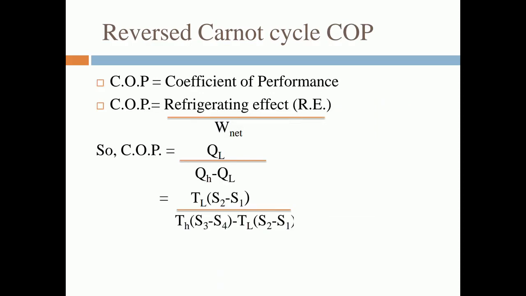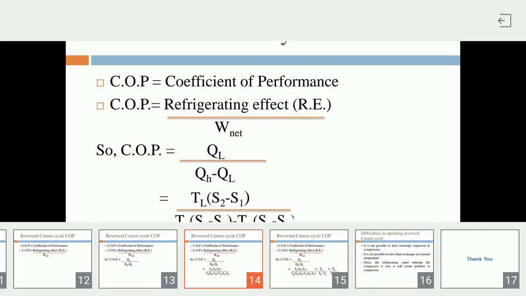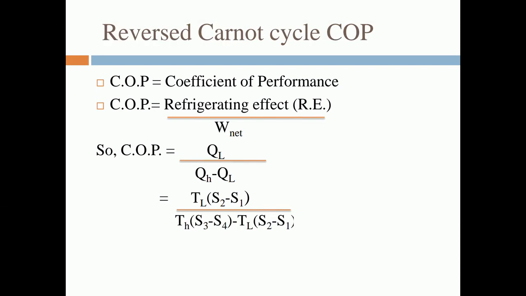So QL at a low temperature is S2 minus S1. The temperature remains constant, so we have only TL, and the entropy change is S2 minus S1. Next is the heat rejected, so TH is the high temperature, the condenser is at a high temperature, and the entropy change is S3 minus S4. Then again QL is TL into S2 minus S1.